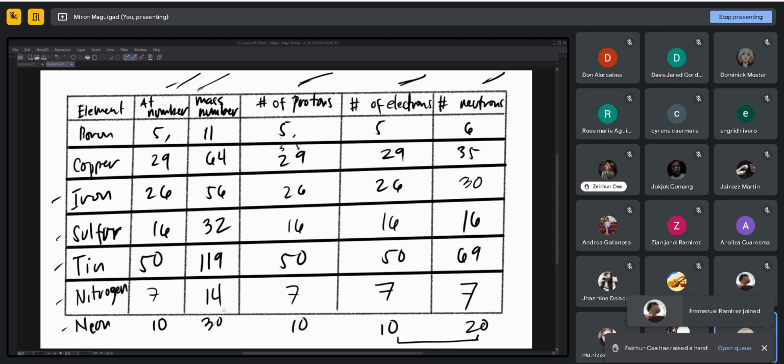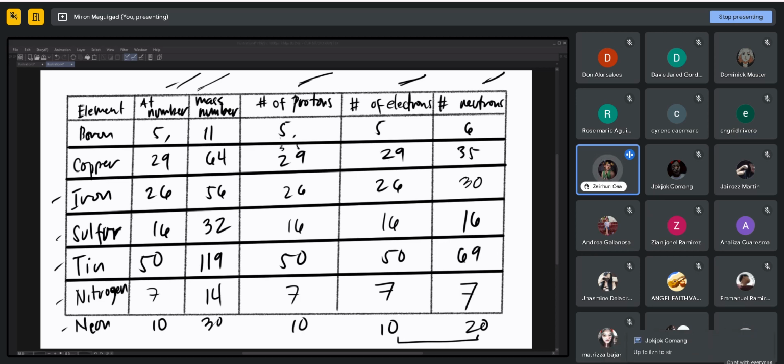Okay. So, may tanong si Zeron. Sige. Sir, sa isang elements po, paano pag isa lang po yung tama? Yung sinagot mo, edi isa lang yung tama mo. Kung isa lang yung nasulat mo at yun lang ang tama mo, yun lang ang bilang.